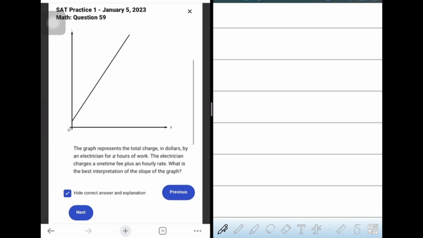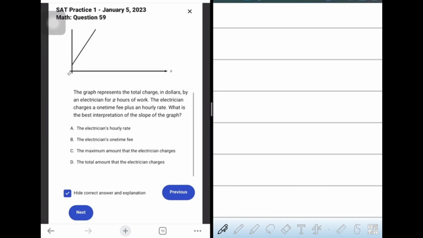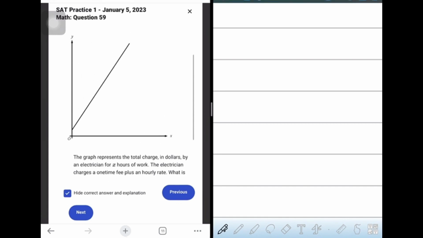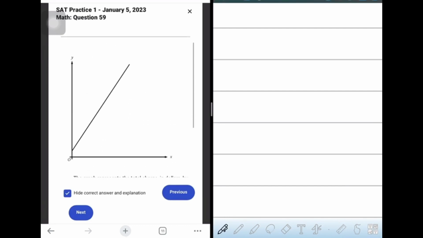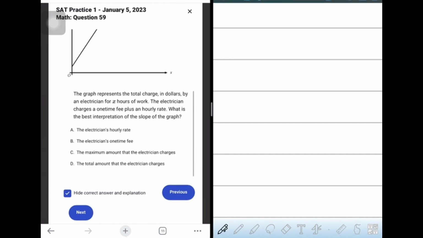The slope. Try to remember that the slope is usually the rate, I mean the ratio of change. So now you should consider four answers. The first answer, A, is about the rate, similar to what I just mentioned.